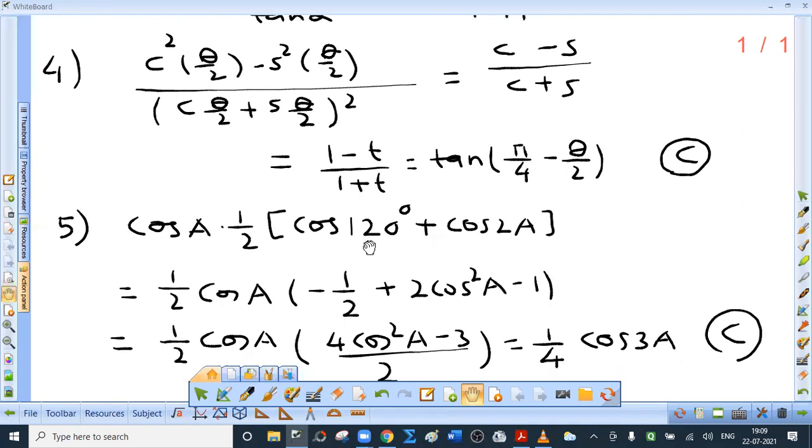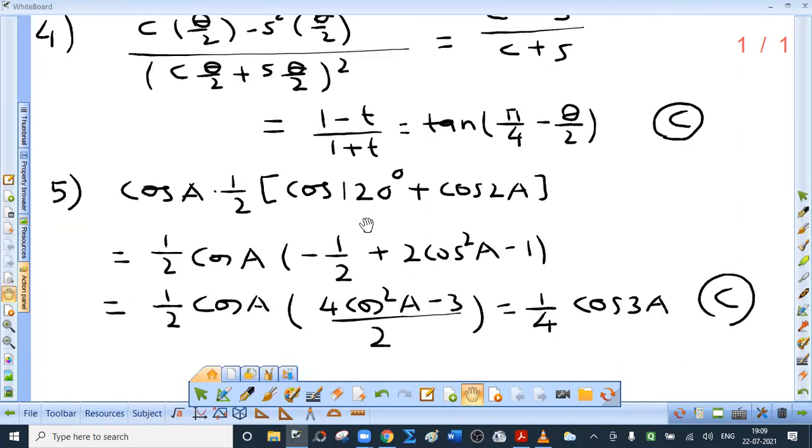Okay. Let me explain the fifth also. What is asked? The value of cos A into cos(60 minus A) into cos(60 plus A) is basically a standard formula. We need 2 there, and that is why I have written, in fact I haven't written that step, half into, what is 2 cos A cos B? 2 cos A cos B is cos of (A plus B), that is 60 minus A plus 60 plus A, that is 120, plus cos of (A minus B), 60 minus A minus 60 plus A, that is cos of minus 2A.